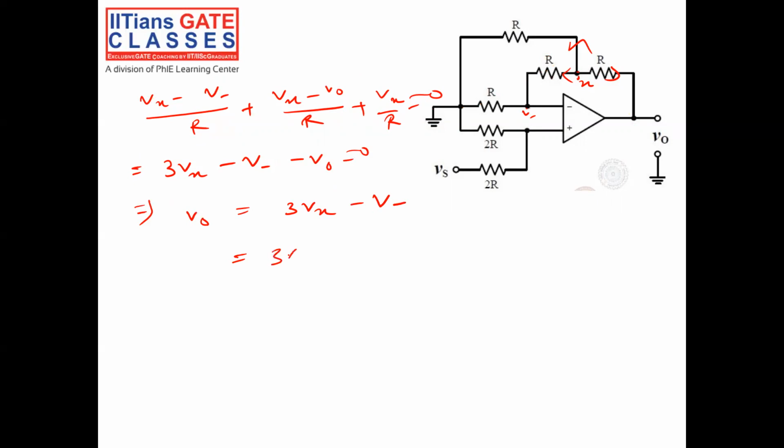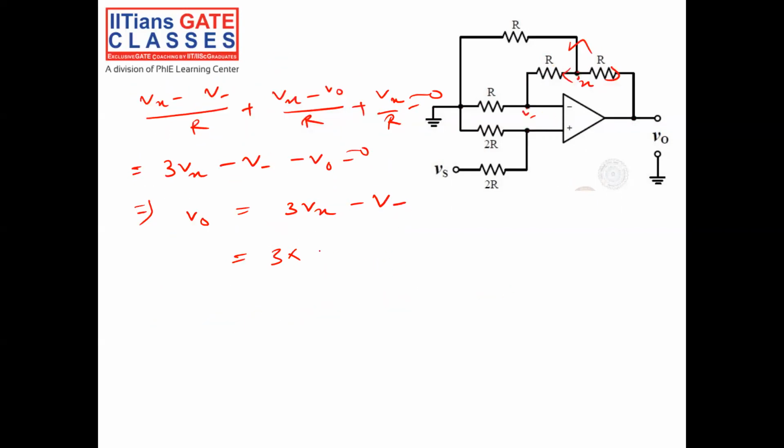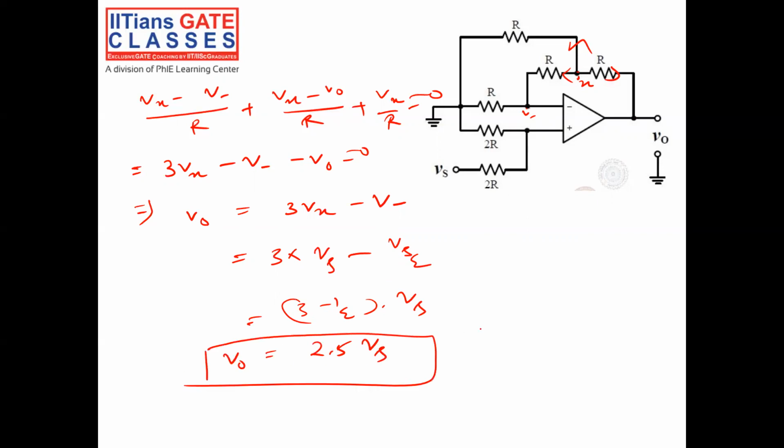Vx we calculated is Vs only, and V negative is Vs by 2. Simplifying, 3 minus 1 by 2 into Vs, which is equal to 2.5 Vs equal to V0. This is the answer.